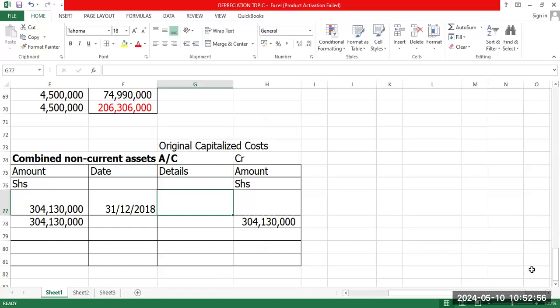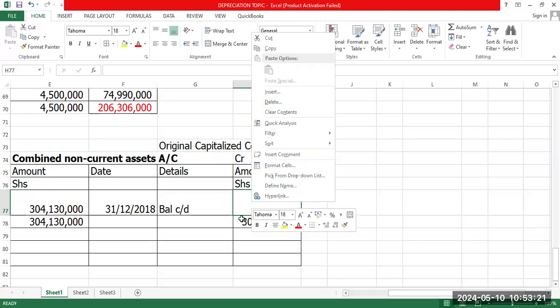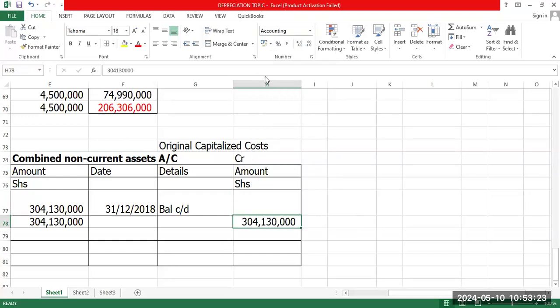And the balancing figure, you will call it balance carried down. Balance carried down, because it's balanced, brought down. So to balance this side, you just put this amount, because we have to balance this.